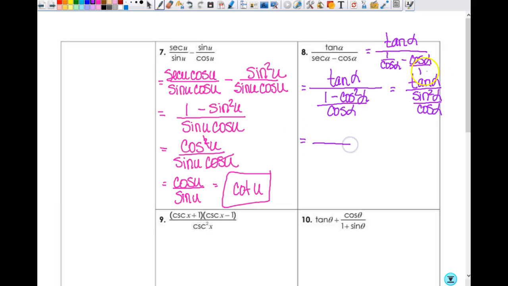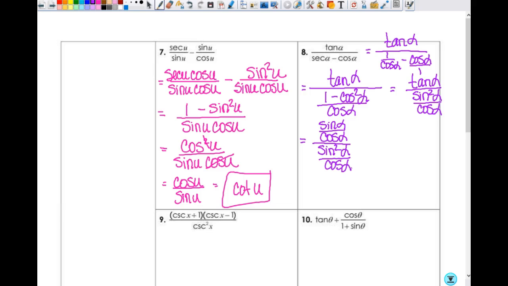The numerator, which is tangent, right? Tangent becomes sine over cosine. So I'm going to have sine alpha over cosine alpha. In the denominator, I still have sine squared alpha over cosine alpha. Everybody with me so far? So all this is a fraction divided by a fraction.